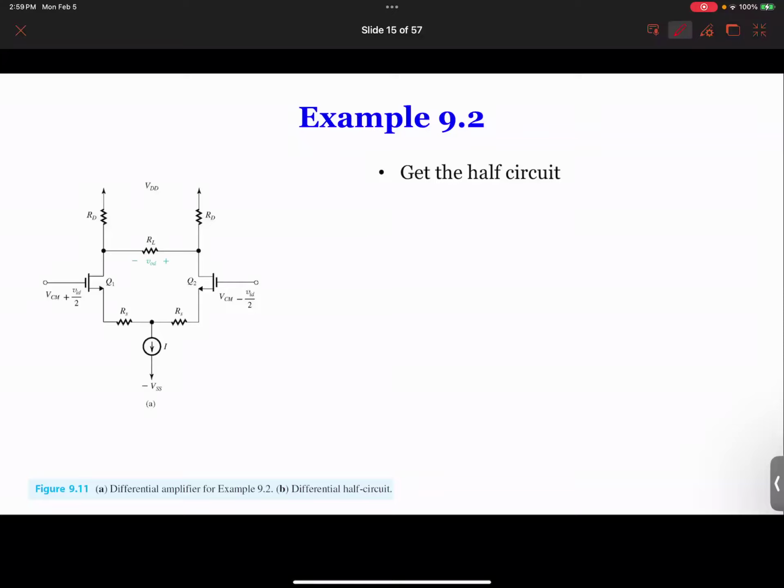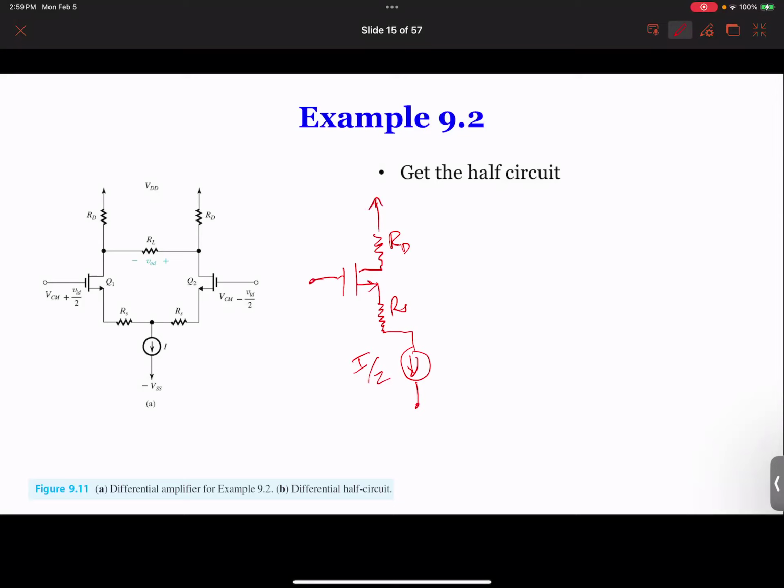To understand how this works, we just need to figure out the half circuit. It's fairly easy. Here you have half VI coming this way, RD, RS, and that's your half circuit.